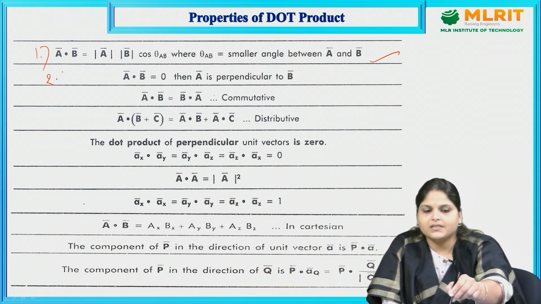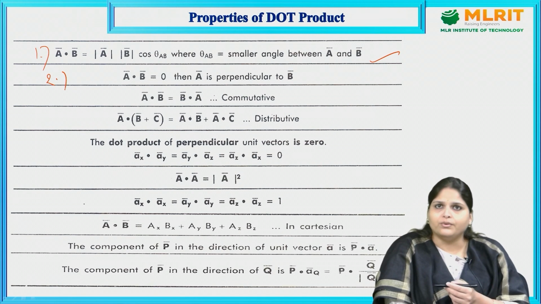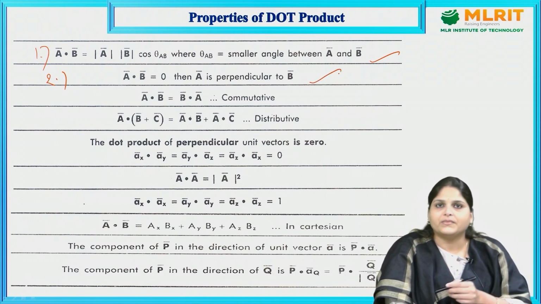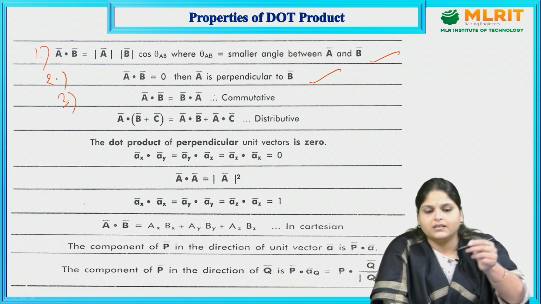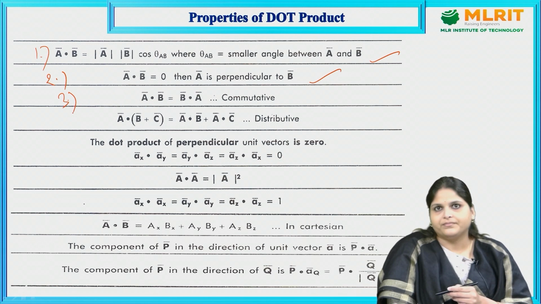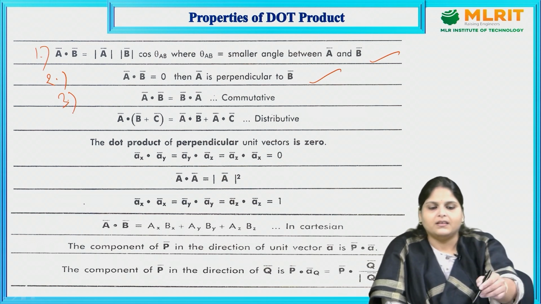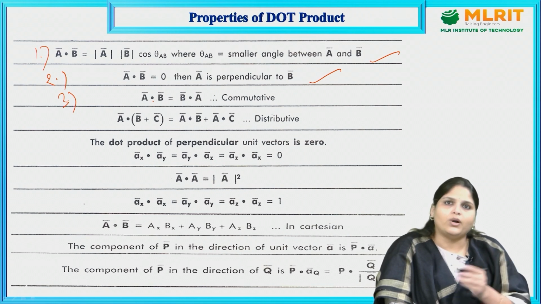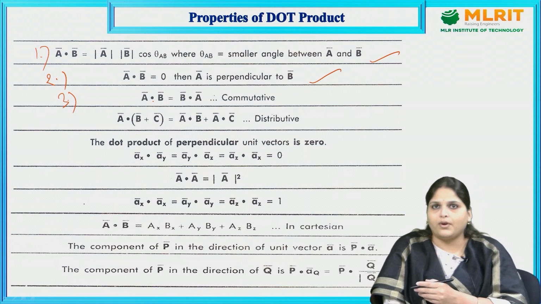Another property is A dot B equals 0, which means A is perpendicular to B. The third property is called the commutative property, which means A dot B is equal to B dot A.